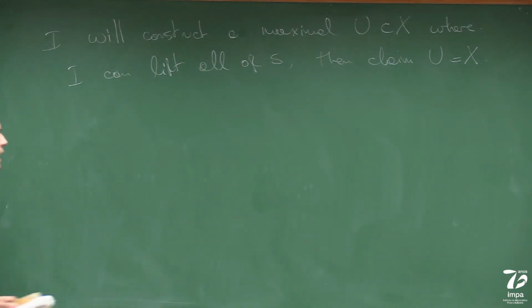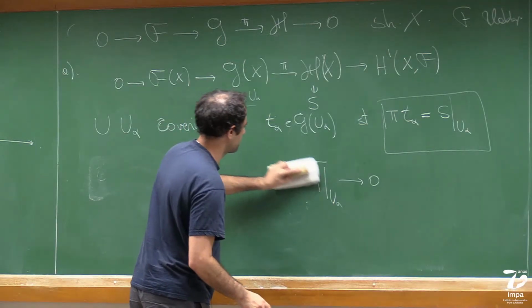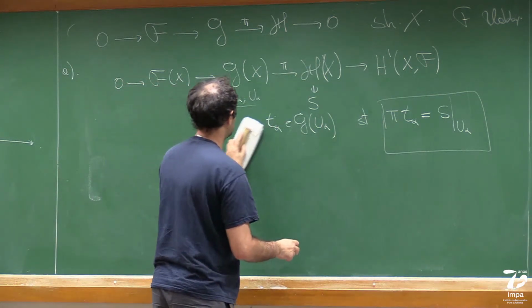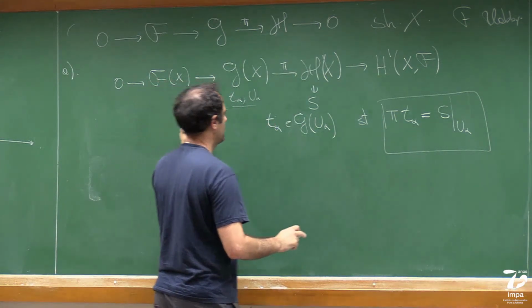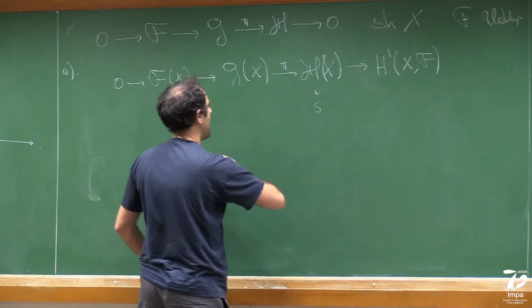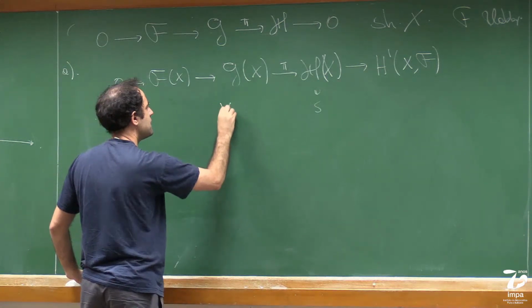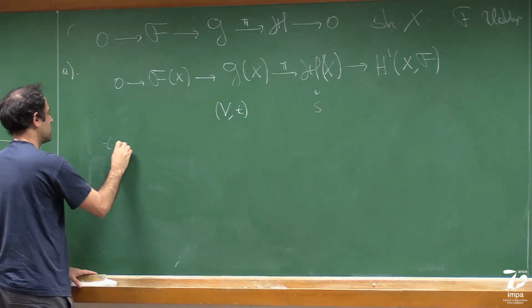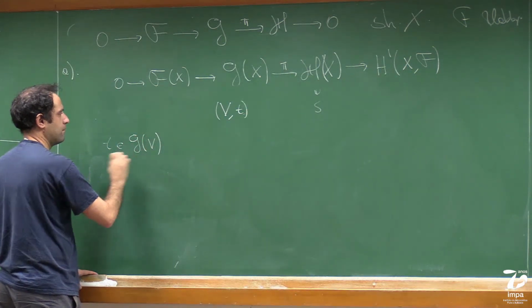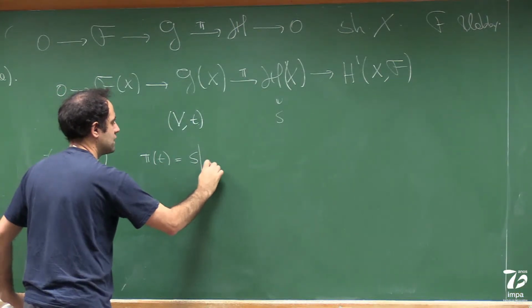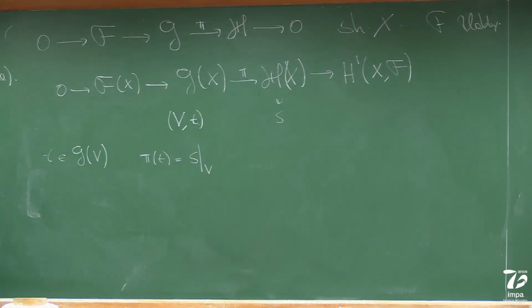Okay, so we look at pairs. Since we have this covering, we know that at least one of them works. We have our section S here, and let's look at pairs of the form (V, T), where T is a section of G on V, such that π of T is equal to S restricted to V. This is a local lifting.